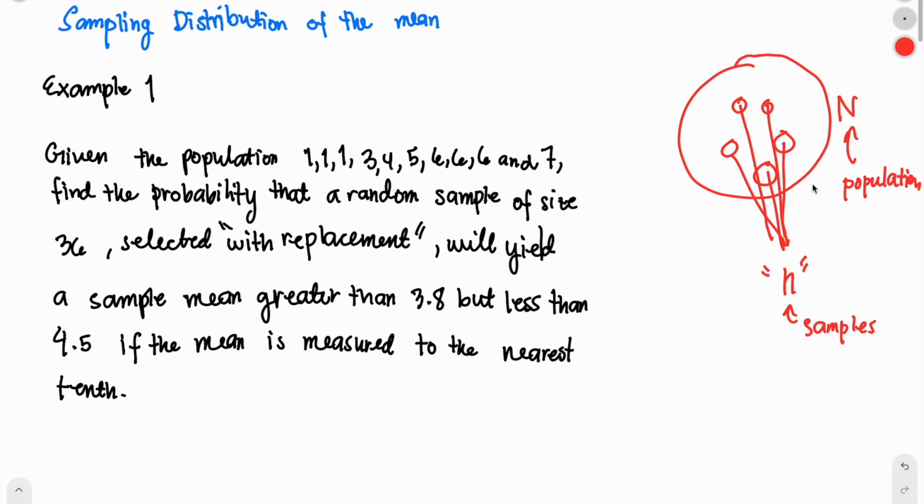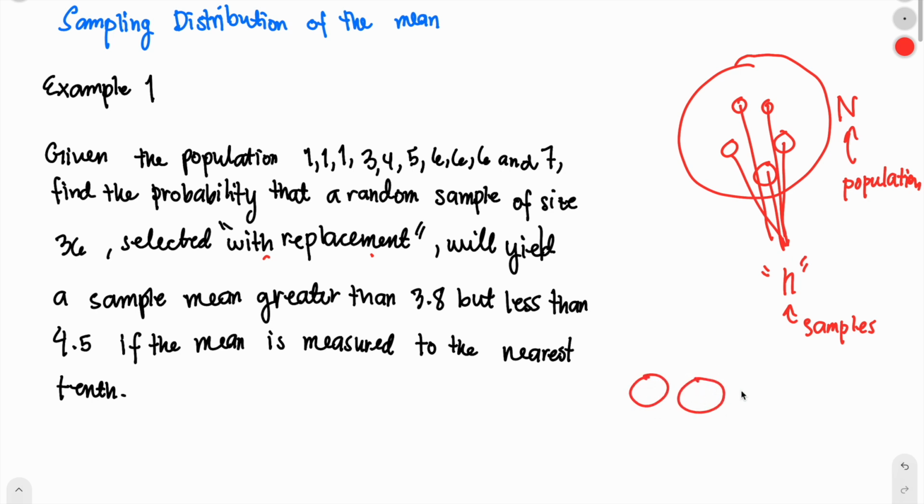There are two key points that you should notice in the examples in this video. Since this is a sampling distribution of the mean, there are two types, with replacement or without replacement. To illustrate an example, imagine the lotto.